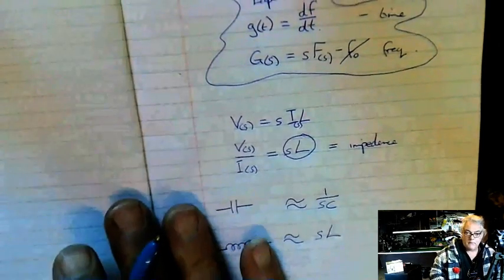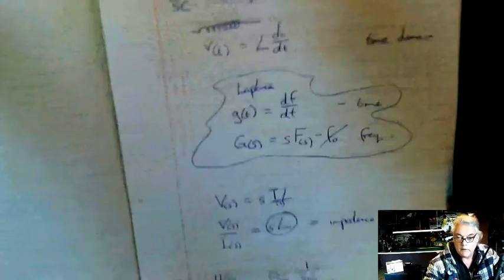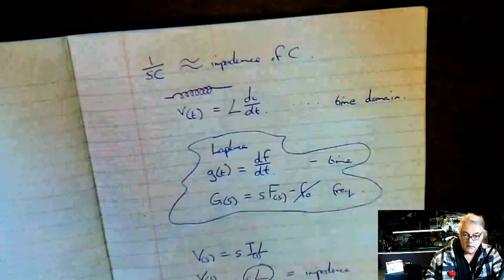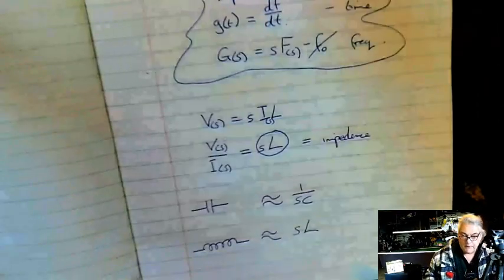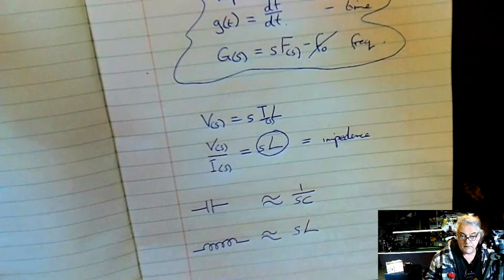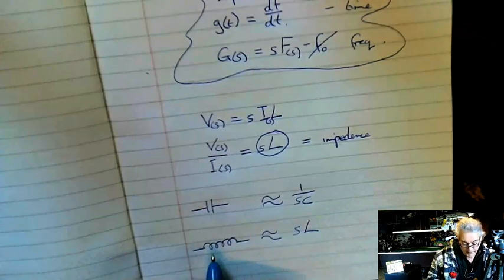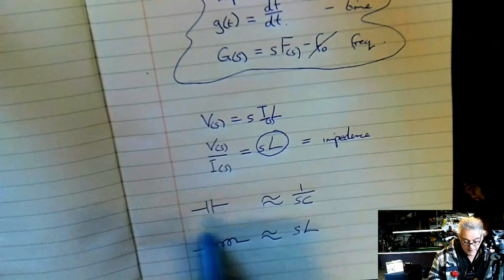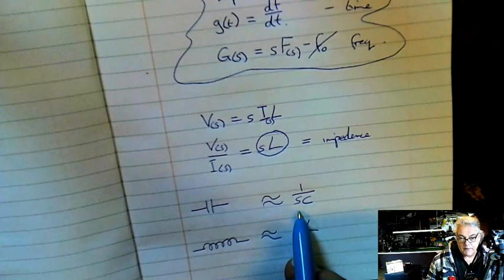Okay, so if you're not very good at calculus or whatever, feel free to neglect all of this. Just suffice to say that Laplace tells us that for the resistance, I keep using that word for simplicity for the listeners, but the impedance for the inductor is simply SL, and the impedance for the capacitor is simply 1 upon SC.